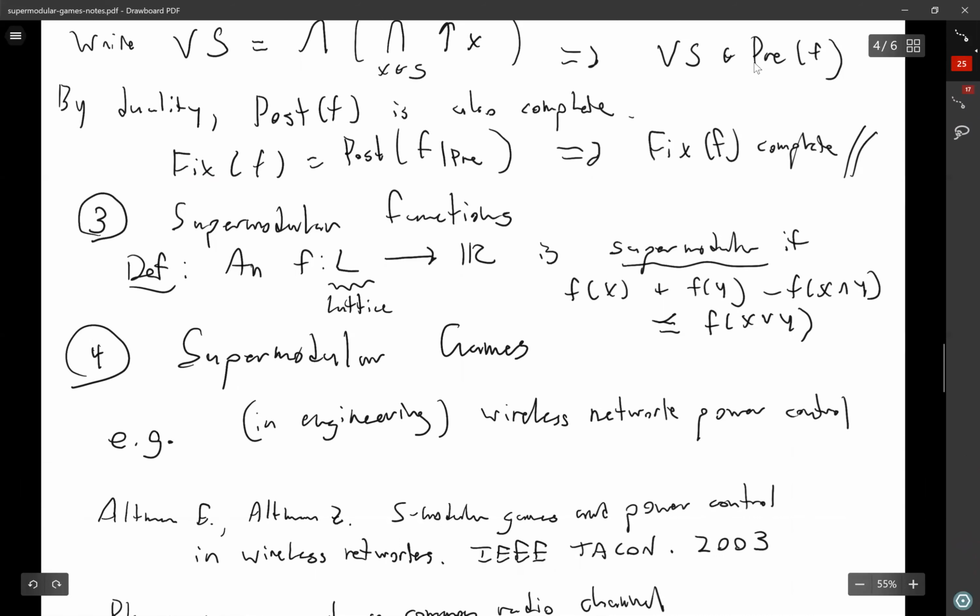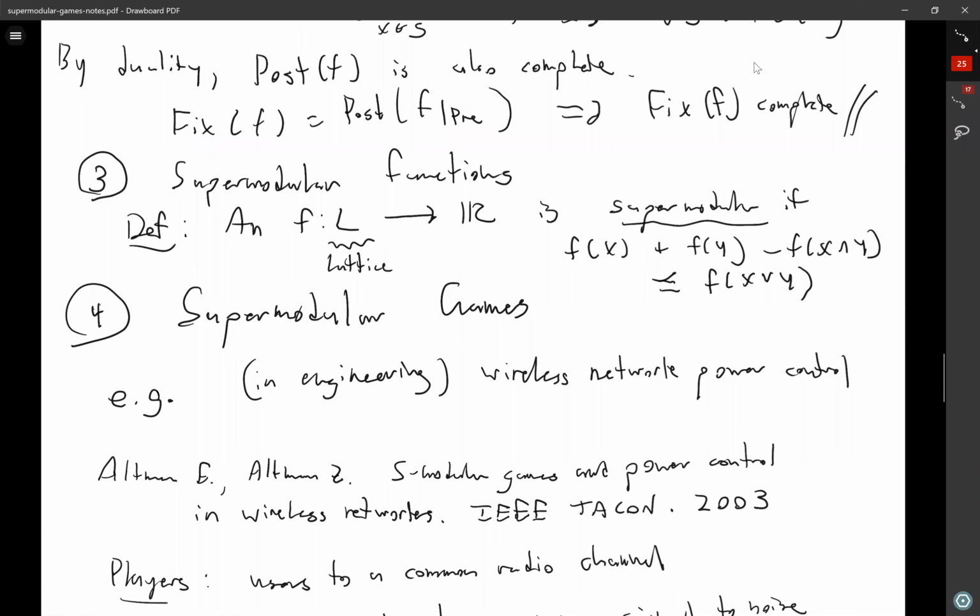Section 3 is a short section. I'm going to define what a supermodular function is. We have a function from L, a lattice. And remember, our lattices can be very familiar. For example, Euclidean space Rn with the pointwise max and pointwise min is an example of a lattice. In some textbooks, you'll see supermodular games and supermodular functions defined just for this specific case of Rn with pointwise min and max.